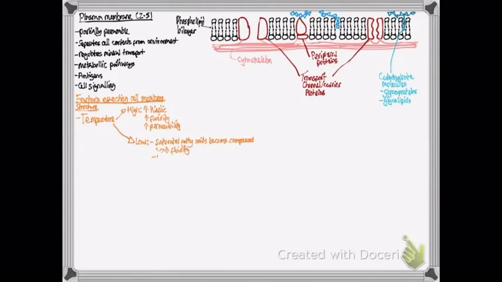Unsaturated fatty acids have that carbon-carbon double bond, which causes kinks in the tails, which push adjacent molecules away, and they help maintain fluidity. So the proportion of saturated to unsaturated fatty acids determines the fluidity of the membrane. So the more unsaturated fatty acids you've got, the more fluid the membrane.